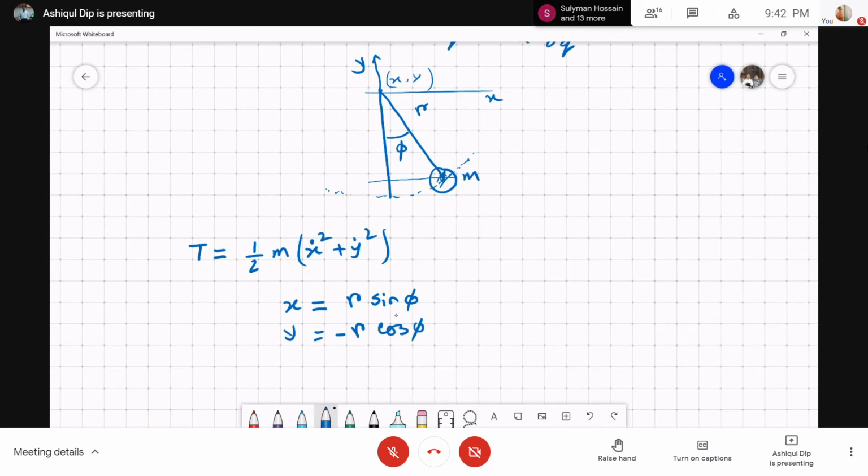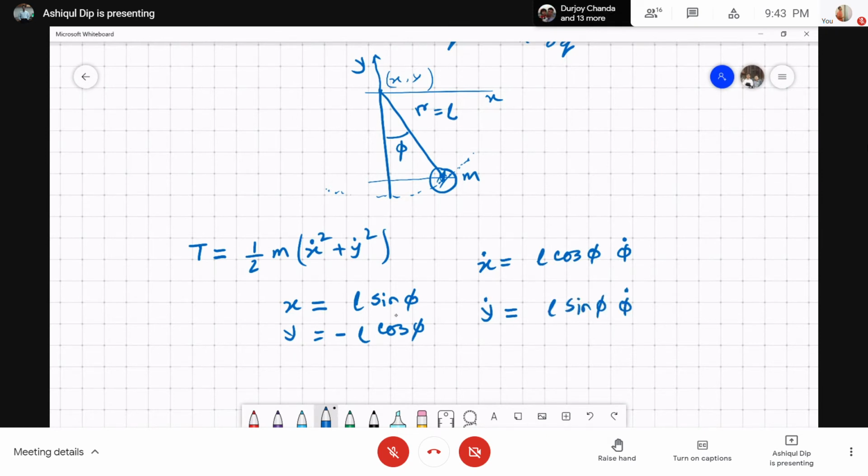Now, for this pendulum, we know r is a constant, r equals L, right? So we can write L sin phi, L cos phi. So we have x dot equals L cos phi, phi dot, and for y dot, we have L sin phi, phi dot.